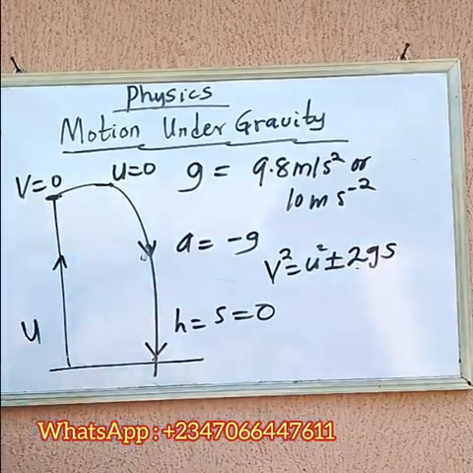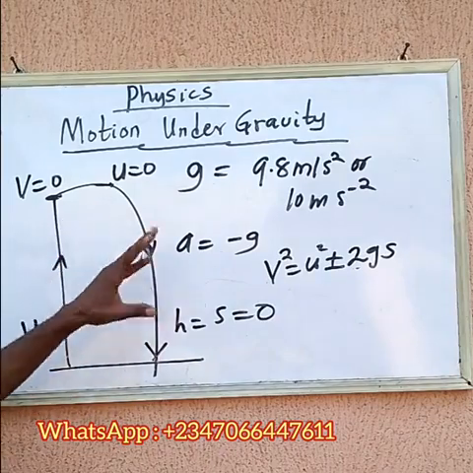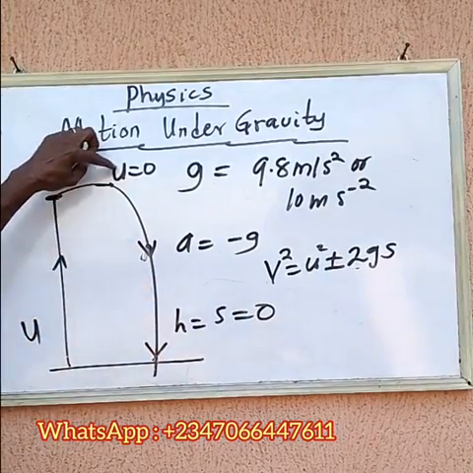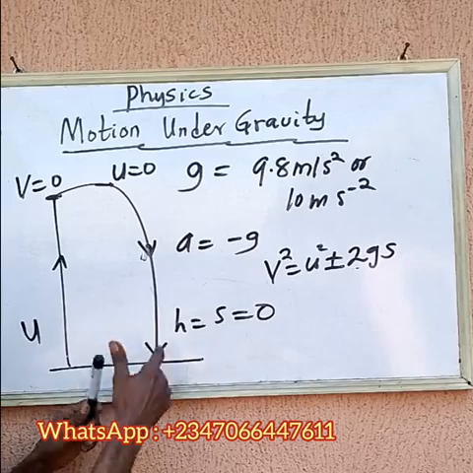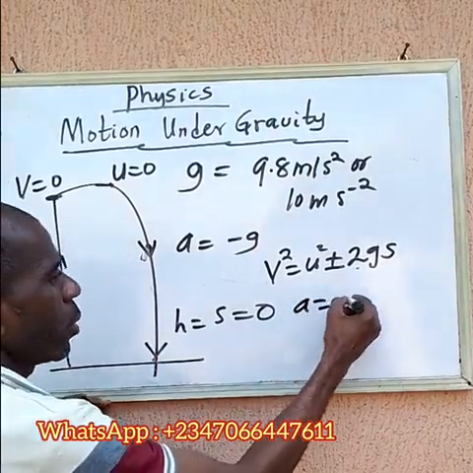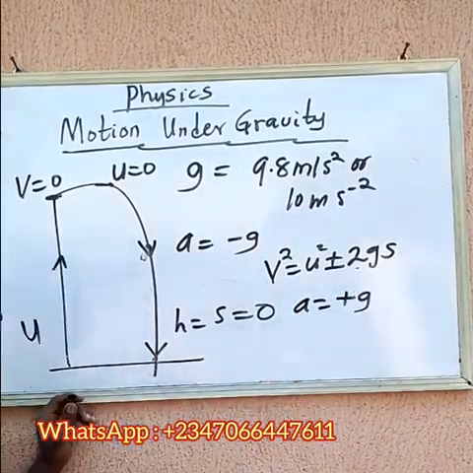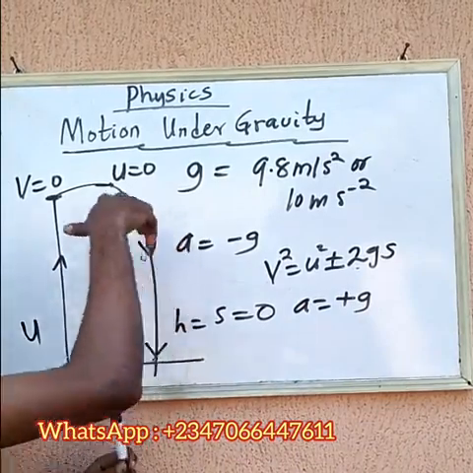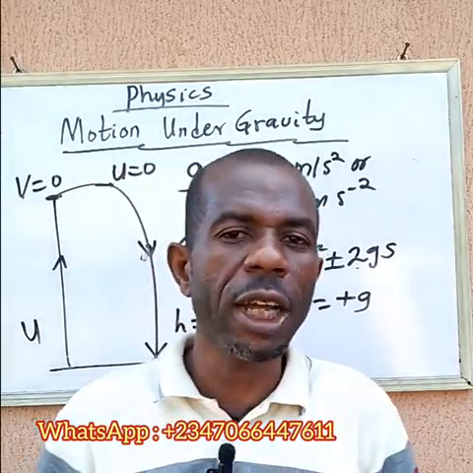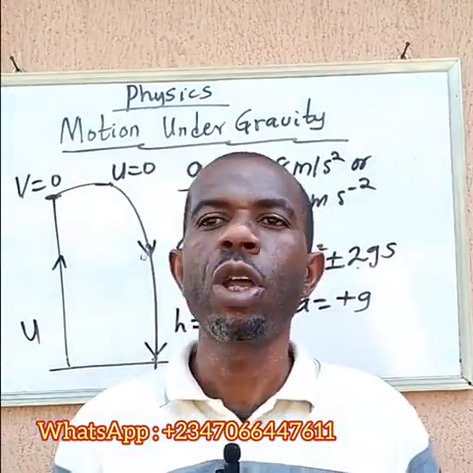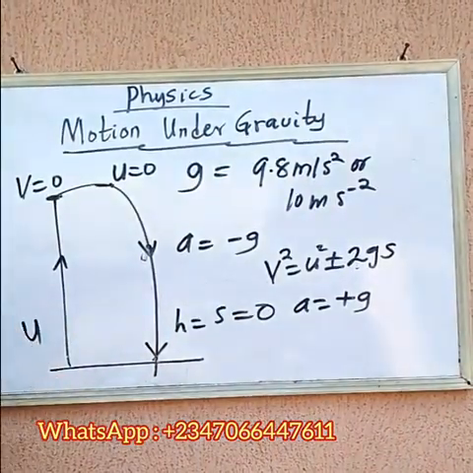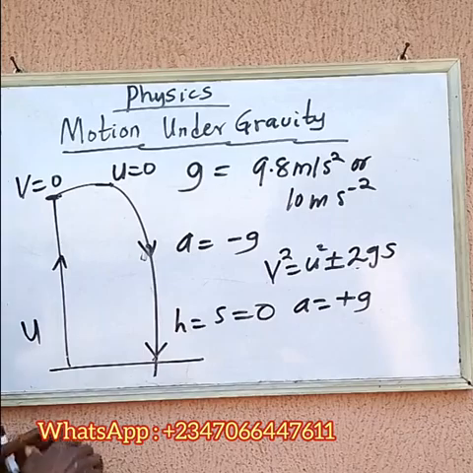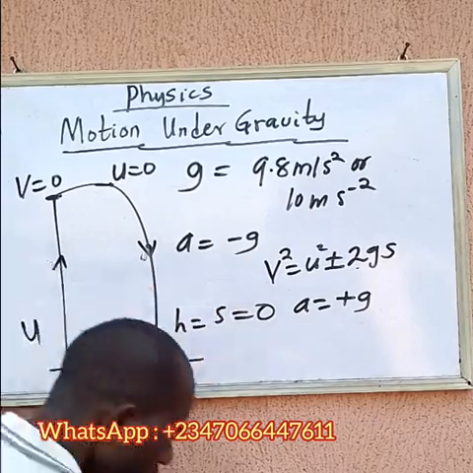At this point, when the object is dropped from rest, the acceleration is equal to positive g, because the object is allowed to fall freely under the influence of gravity. So in our kinematic equations, which we studied earlier, we are going to change them to fit this motion under gravity.